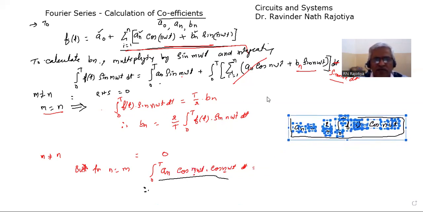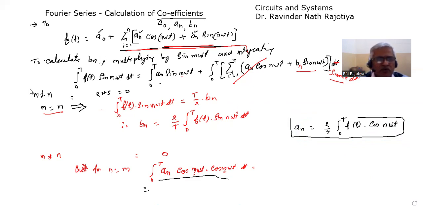You get the value of a_n here, and the value of b_n, let me write it here. Therefore, the value of b_n is equal to 2 by T integral from 0 to T of f of t into sine of n omega t dt.